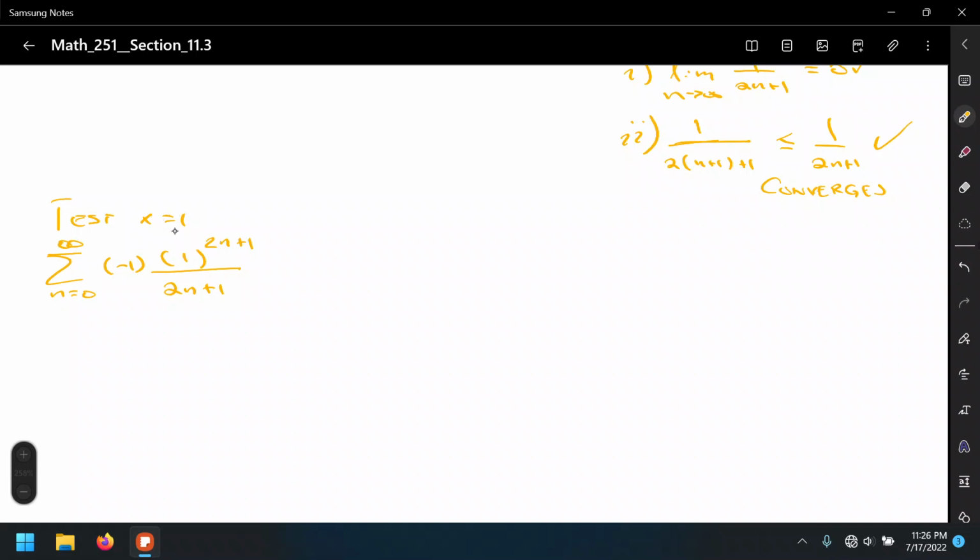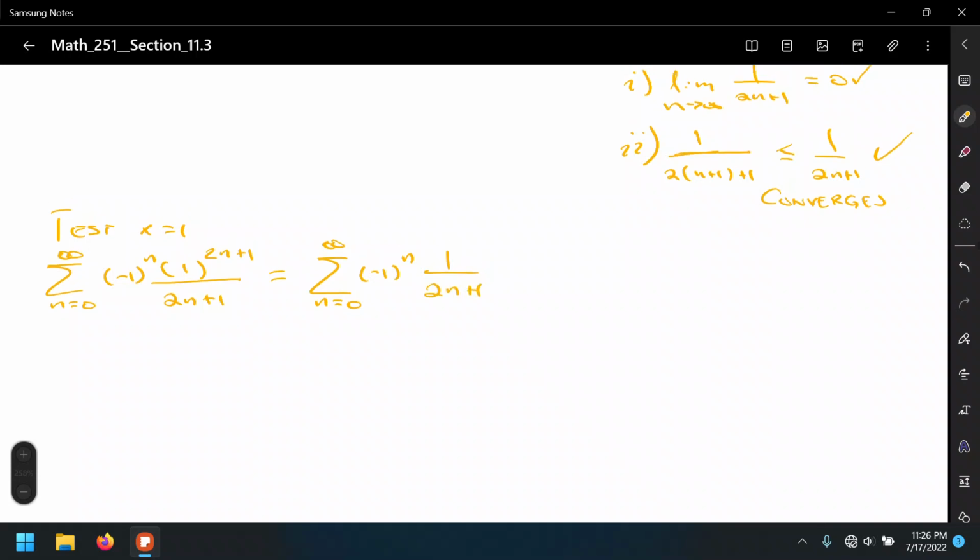That is, we're replacing x with 1 right here. Notice 1 to the 2n+1 is not alternating. We are raising the number 1 to odd powers, which is always going to be 1. That leaves us with sigma n equals 0 to infinity of (-1)^n times 1 over 2n+1.